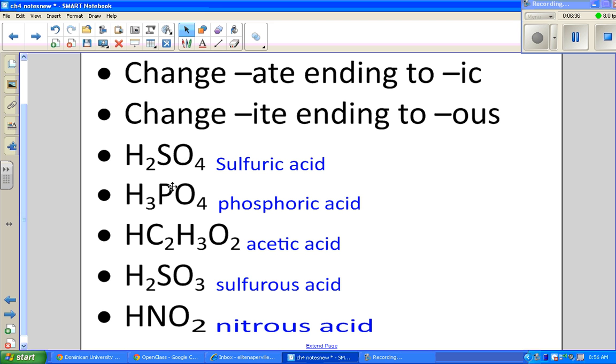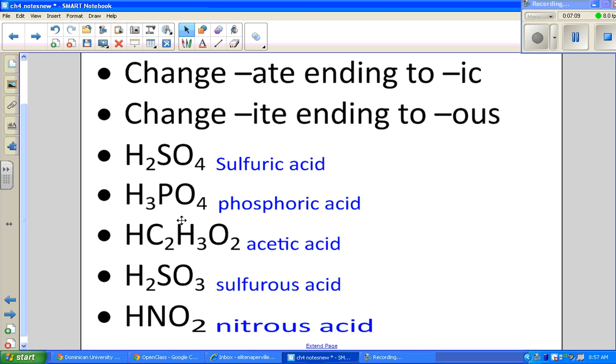Alright, if there is oxygen, it becomes a little bit tougher to name, and you have to watch the polyatomic. There's no hydro in any of these names, and you also have to be careful if the polyatomic ends in ate or ite. So, in H2SO4, SO4 is called sulfate, and why does this become sulfuric acid? Sulfate has the element sulfur, and that's where the name is coming from, so it's sulfuric, because the ATE changed to IC.